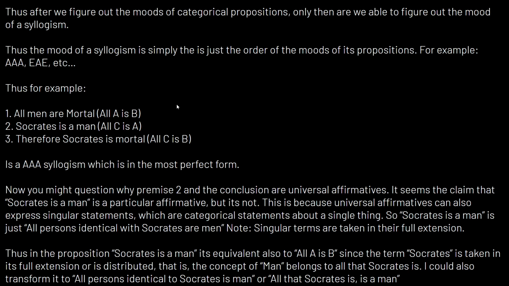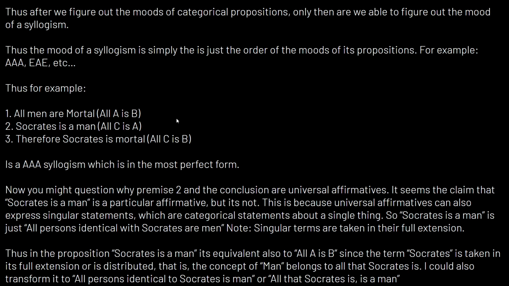For example, A, which indicates three universal propositions, or E, that is a universal negative, then a universal affirmative, then a universal negative, etc. Thus, for example, if I say all men are mortal, Socrates is a man, therefore Socrates is mortal, this is a syllogism which is in its most perfect form, and we're going to get into perfect form or figures.